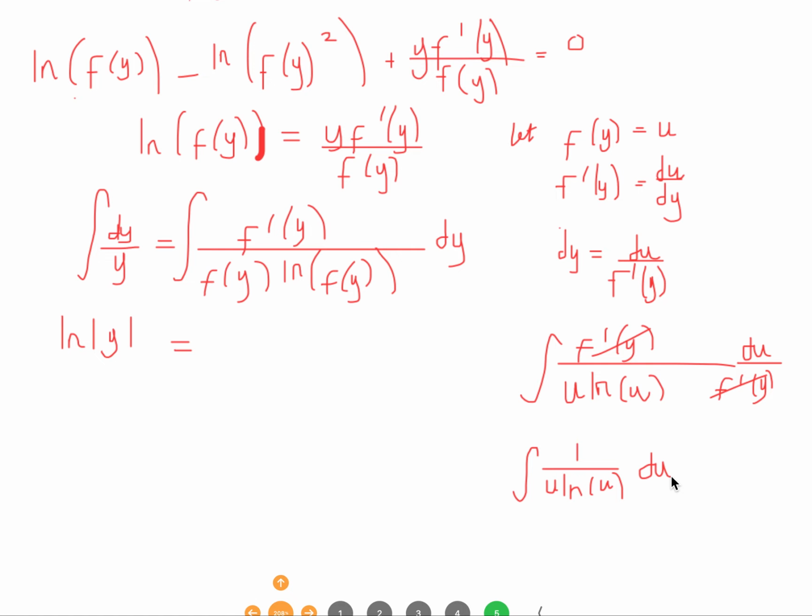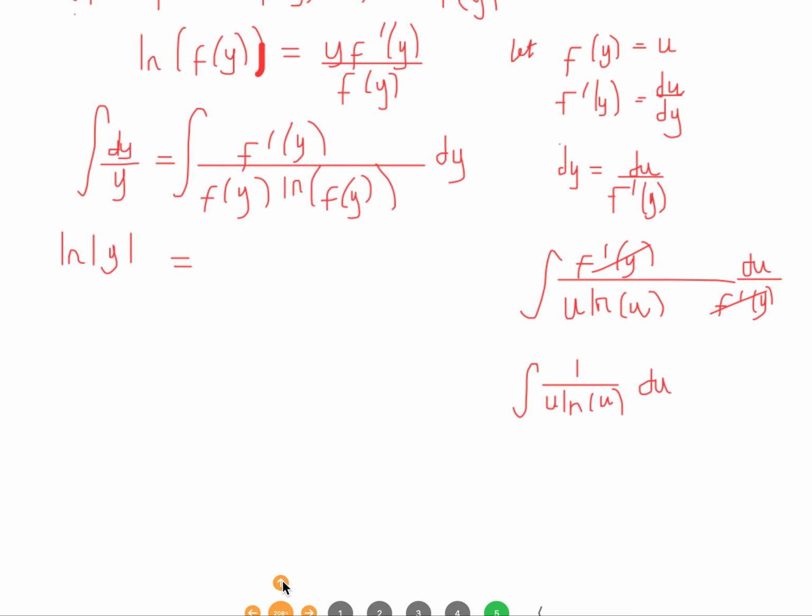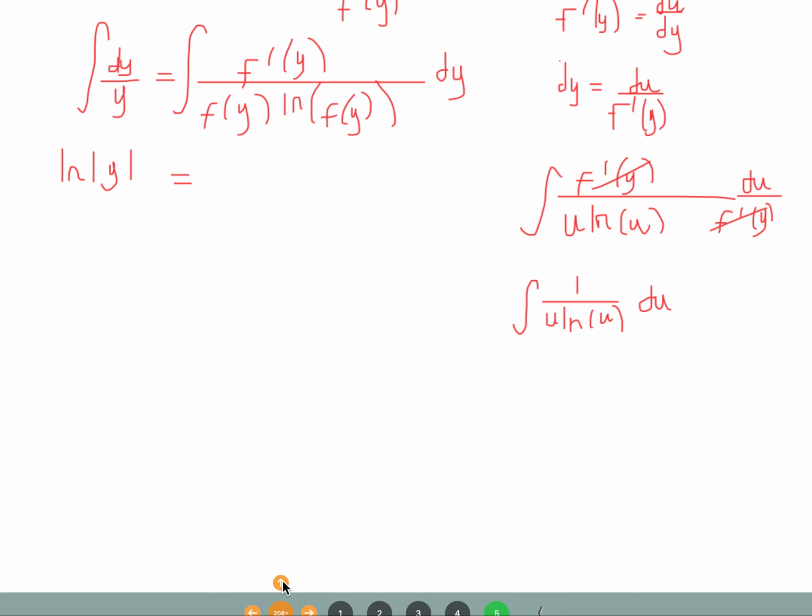But I suppose we could still integrate that, and we're out of space as well, so that's not good. But let's let v equal ln of u. Well, then dv on du is 1 over u. So du equals dv times u.